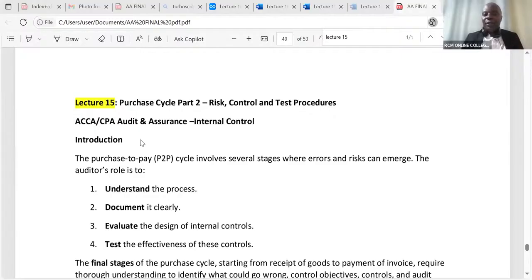Now, introduction. First of all, we start with the reminders. The purchase to pay cycle involves several stages where errors and risks can emerge. The auditor's role, remember, ladies and gentlemen, in any control systems: we are not charged with the responsibility of designing and implementing internal control systems of our clients.